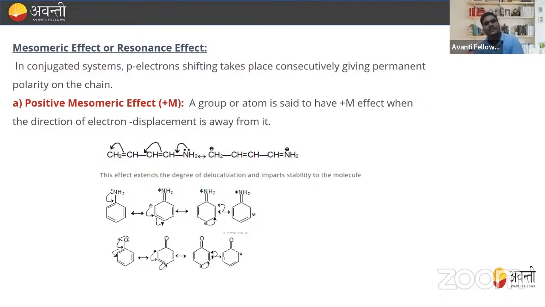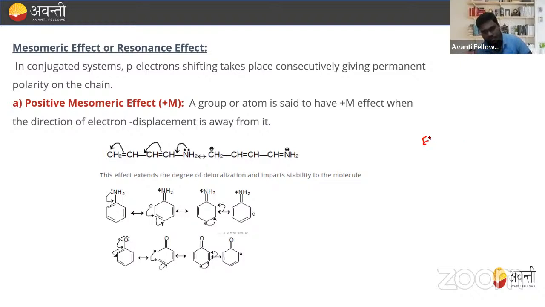How do we get to know where we have a positive mesomeric effect and where we have a negative mesomeric effect? Whenever an electron donating group is attached, we always show a positive mesomeric effect because they have a tendency to donate electrons.